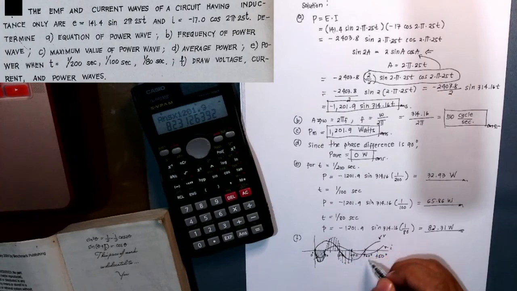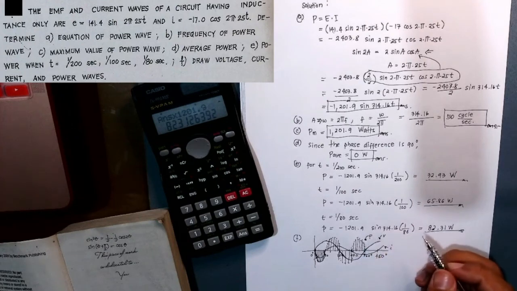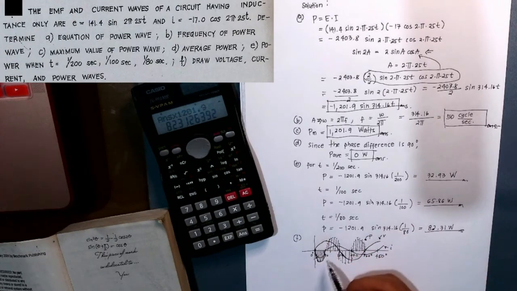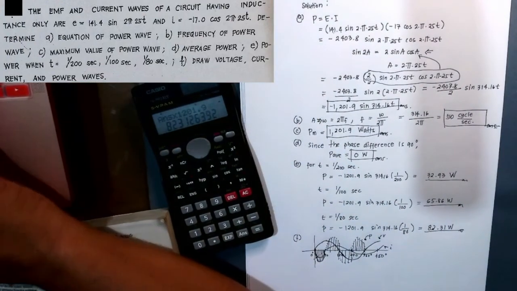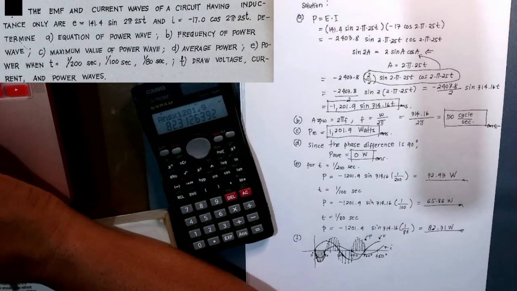And from 270 to 360, since the voltage and the current are of the same sign, negative and negative, so negative times negative is positive, the power here will be positive. So this is the power wave. You will notice that the average is 0. Okay, so this is all about the letter F requirement for this problem.